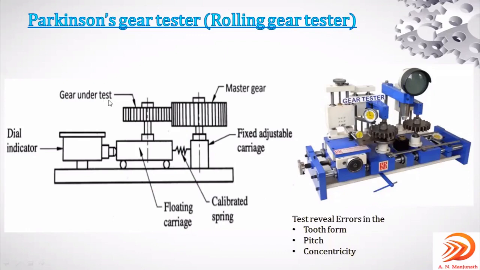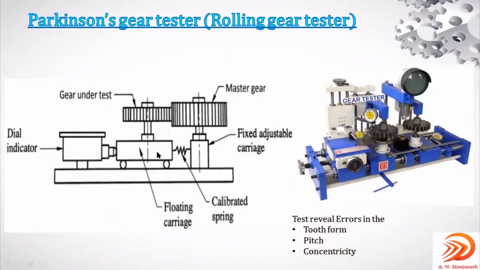This is the gear which will be inspected as of now, and this is the master gear, or you can consider it a standard gear. By meshing these two, they will test the given gear blank for the pitch, concentricity, the form of the tooth, those elements. Right?